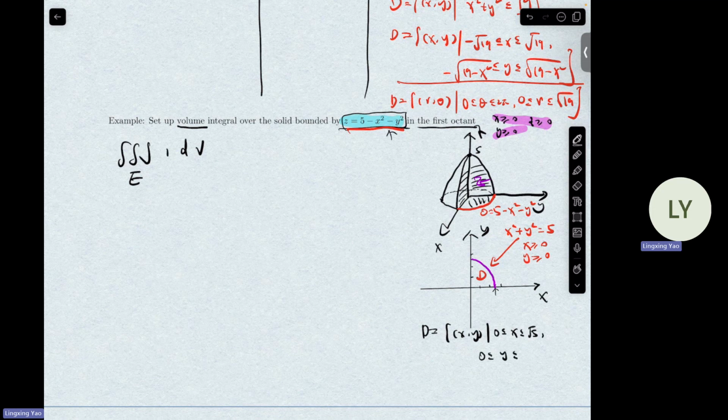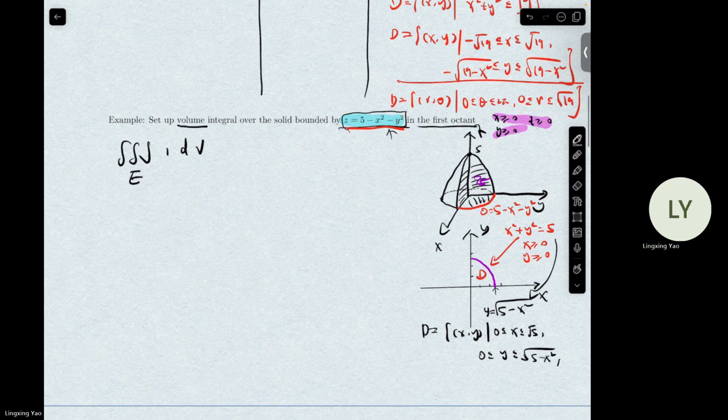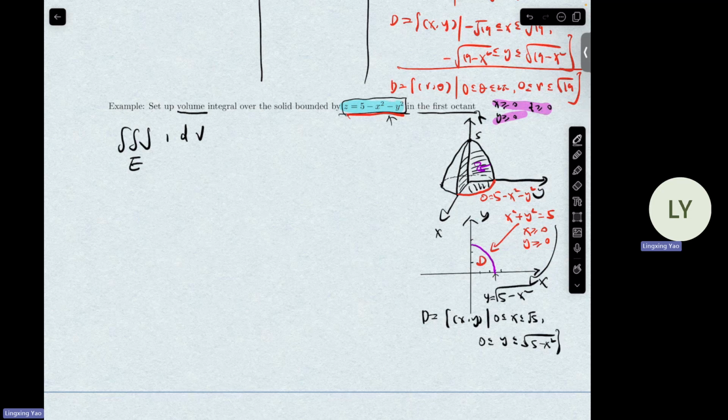We can solve for y from the circle, which is y equals square root of 5 minus x squared. And we choose the positive square root because y has to be bigger than 0, right? And then this is the domain D.